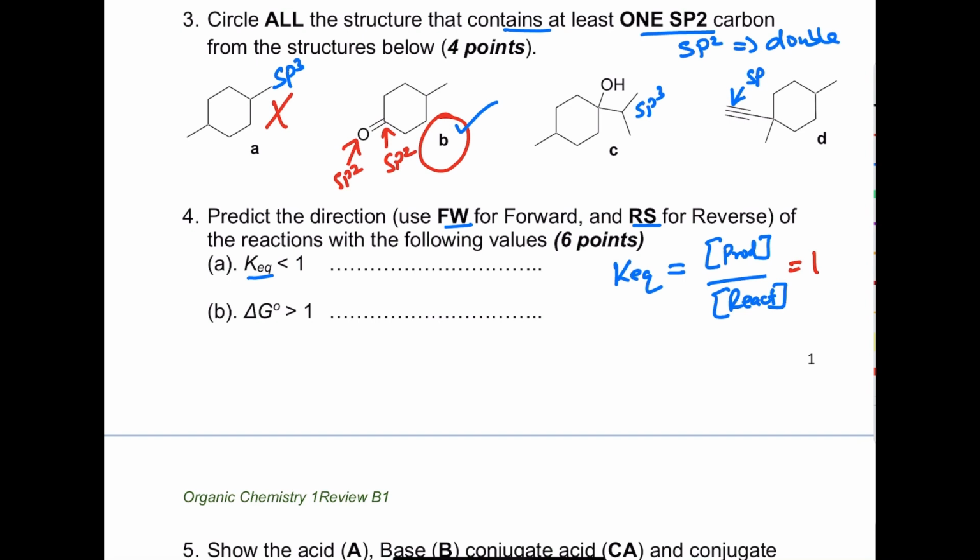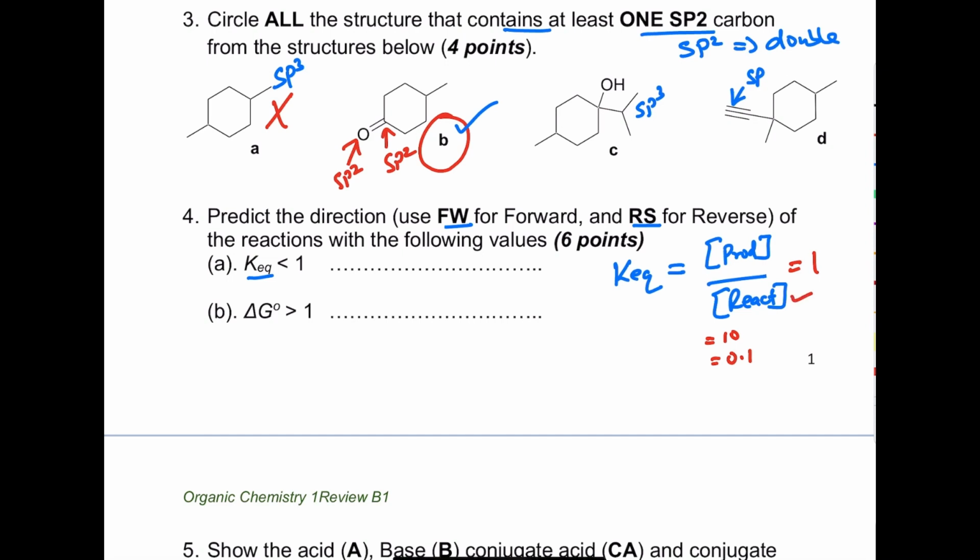If the product is 10 times more than the reactant, then Keq will equal 10. If the reactant is 10 times more than the product, then Keq will equal 1/10, which is 0.1.